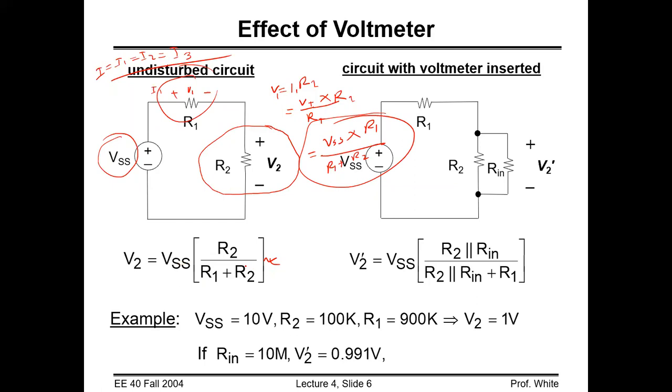Yes, sir. Okay. So suppose we find the V2 voltage. Our formula is total voltage into this resistance by total resistance. This is the simple formula.